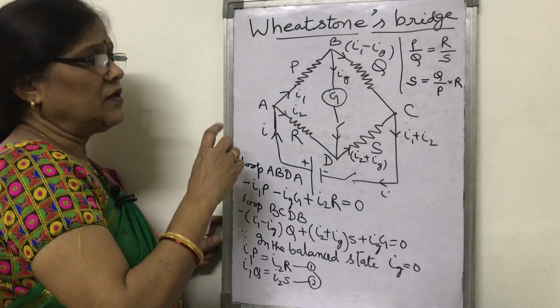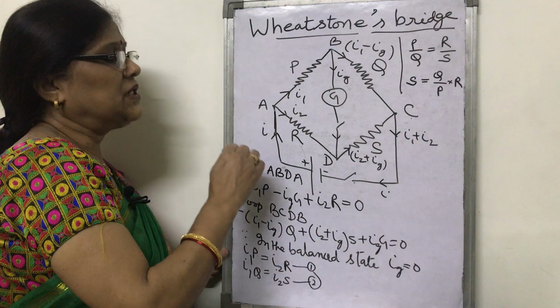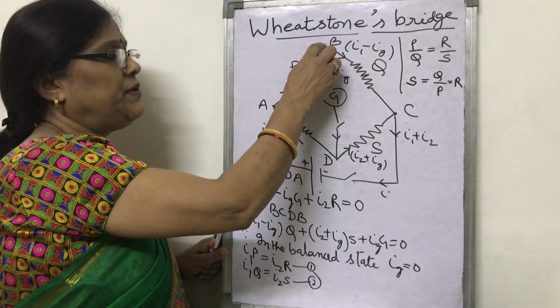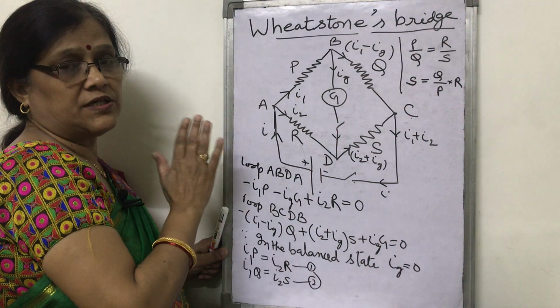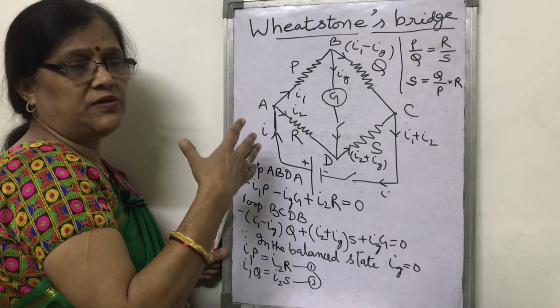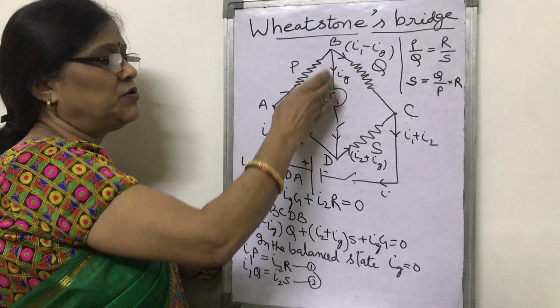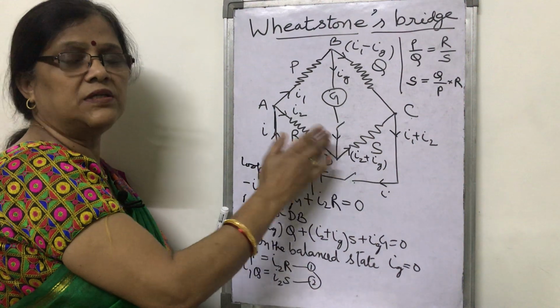Now the next question: what is the potential difference between the points B and D in the balanced state? You know the condition in the balanced state. In the principle it is said that there is no deflection in the galvanometer, meaning current is not flowing through it. What does it mean?